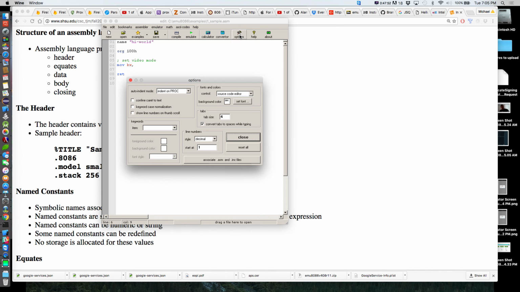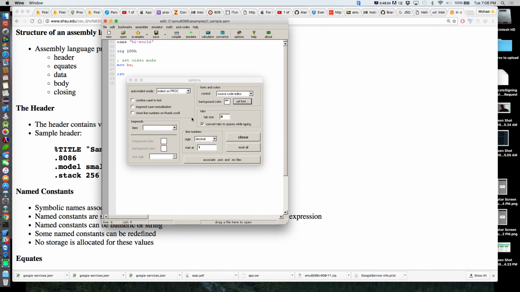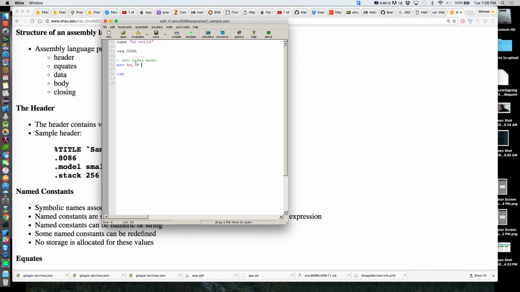Did you do anything? I tried to change it. It's as large as the font is possible. Did you click OK last time? I thought I did. Is there a save? Don't save. Unassociate. Maybe highlight it and try it.